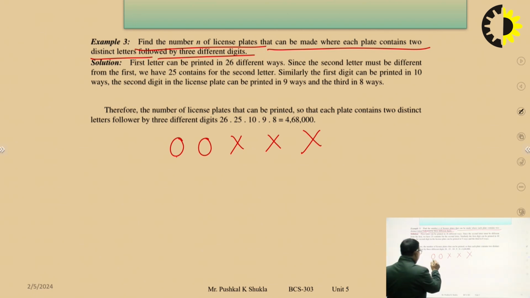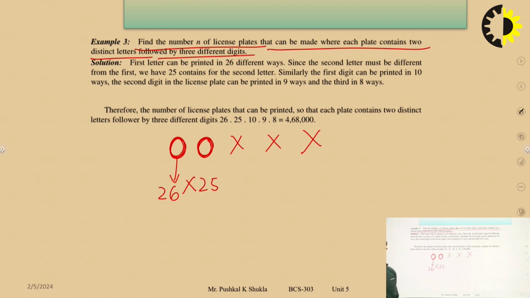So this can be filled by 26 alphabets. So this position can be chosen in 26 ways. Again this position can be chosen in 25 ways because repetition is not allowed, and we need distinct letters. So 26 into 25.